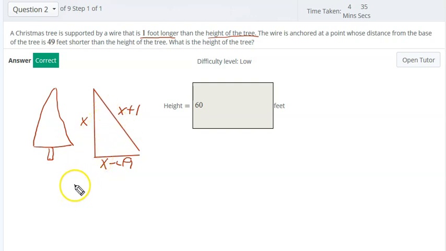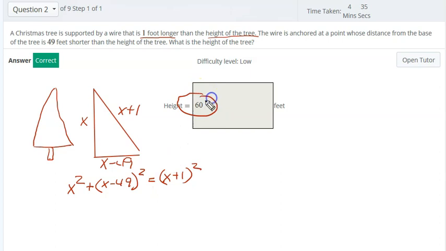So the equation is going to be x squared plus this side equals the hypotenuse squared. And there's the equation. When you finish, it's 60 feet. Now notice they're saying the difficulty of this one is low, but there's a lot of algebra in there.